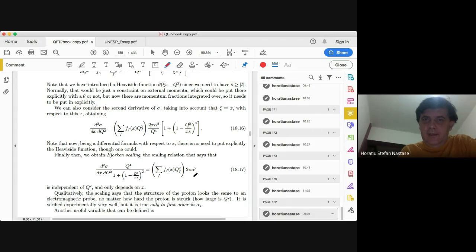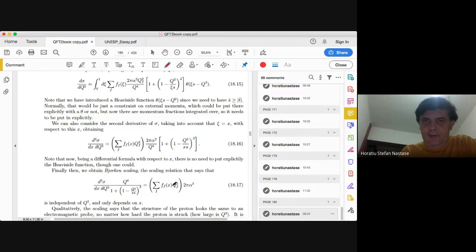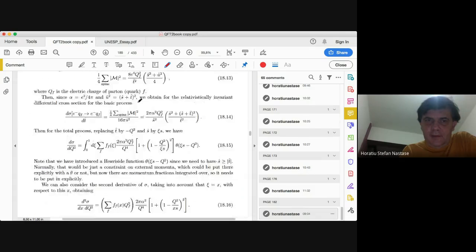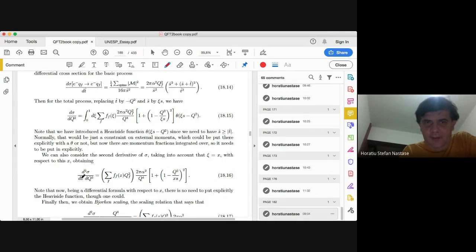It's only a function of partons, but not on momentum transfer. Well, sorry, yeah, it also depends on x itself. So it depends independently on Q squared. So you can think of variables as being x and Q squared, right? That's why we derived here independently with respect to x and Q squared.